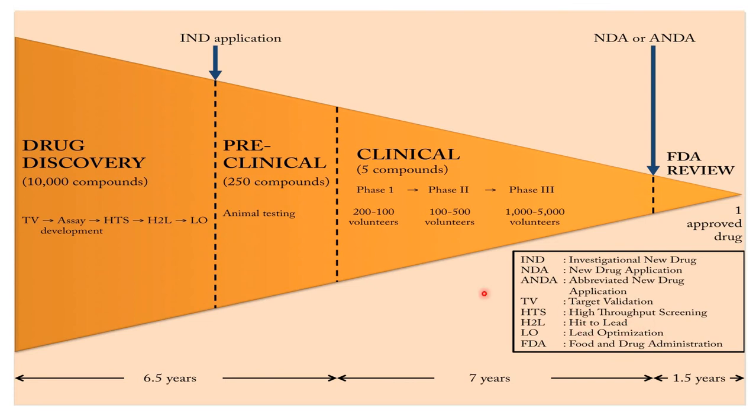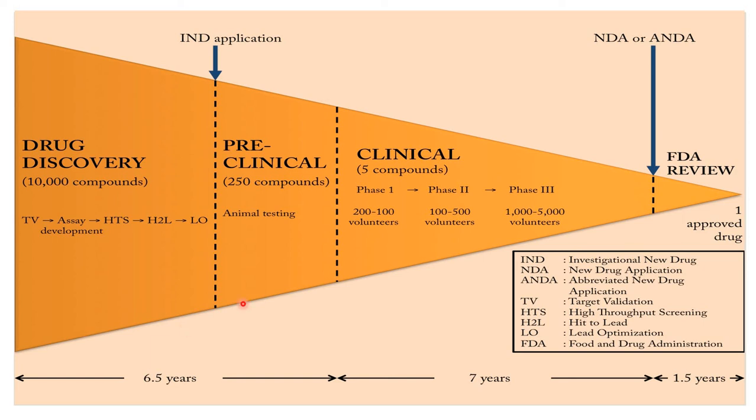H2L is hit to lead, and then is the LO, that is lead optimization. So these 5 steps are undergone under the drug discovery process, and this has been approved by the IND application. IND is investigational new drug. It approves this drug discovery process, and this process of drug discovery to preclinical takes about 6.5 years. So this is also very, very important.